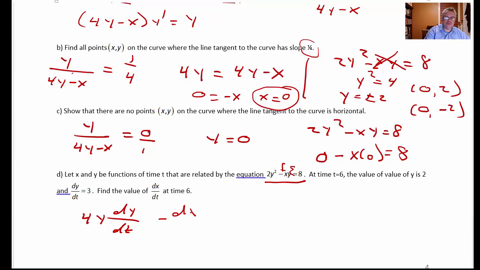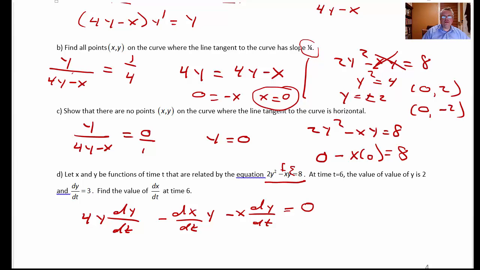I almost screwed up there. I gotta remember, we're taking the derivative with respect to time. So f prime times g, which is y. Then we need f, which is minus x, times g prime, which is dy dt. So we did the product rule, equals the derivative of 8, which is 0.